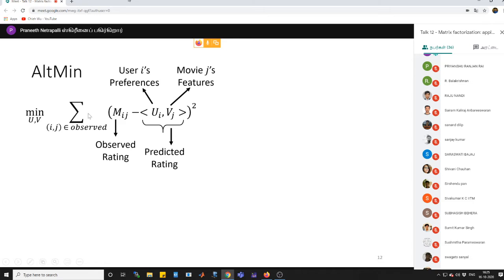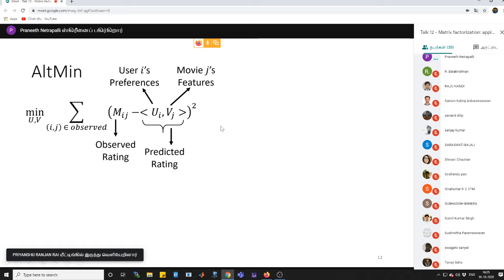So you want to minimize over U and V, summation over ij in the observed entries, Mij, the observed rating, minus the inner product of Ui and Vj. This is the ijth entry of U V transpose, right? So you are minimizing the Frobenius norm squared only on the observed entries of the difference between M, the rating matrix, and the factorization you are constructing. Okay.